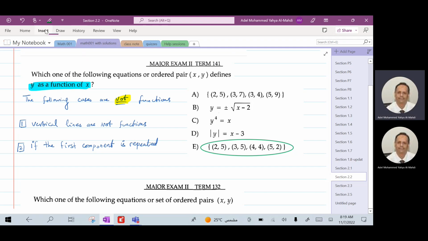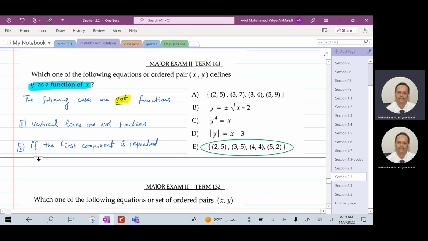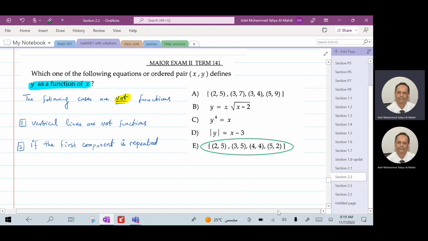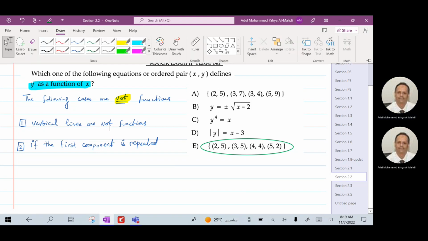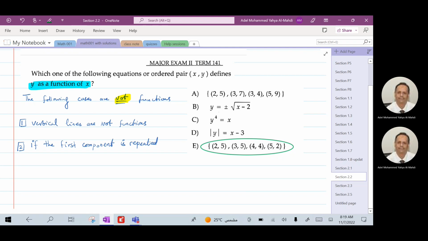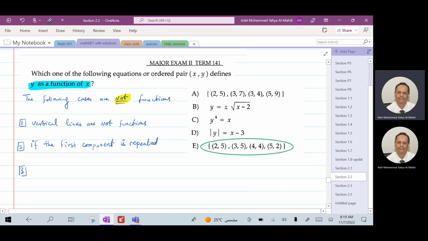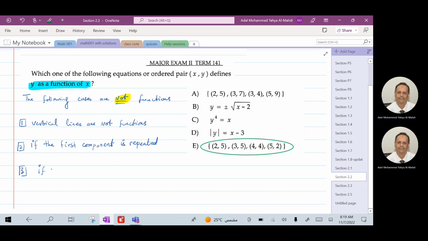By first component, we mean, if you are given a set of ordered pairs, like the case in E. Number three, if your equation or relation involves the absolute value of y, like absolute value of y minus 1.